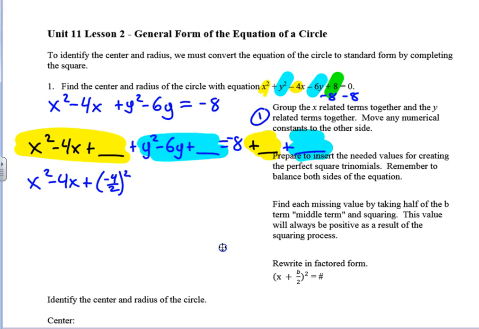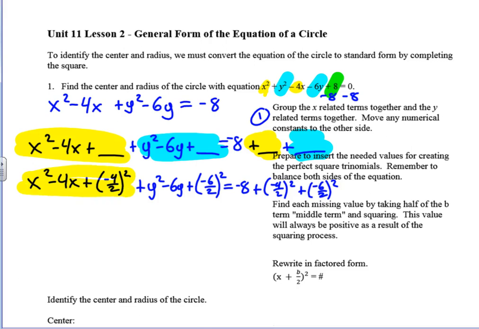And then we're going to do y squared minus 6y plus (negative 6 divided by 2) squared equals negative 8 plus, and then we have to add those to the other side, (negative 4 divided by 2) squared plus (negative 6 divided by 2) squared. Let me again use the highlighter just to help us keep this straight. We got this whole thing here, and we added this over there because of that, and then we've got this right here, and we added this over here because of that.